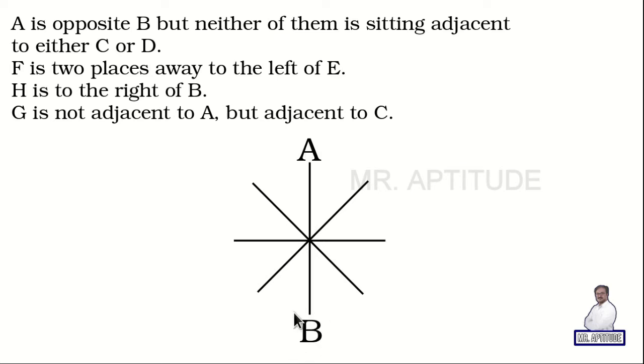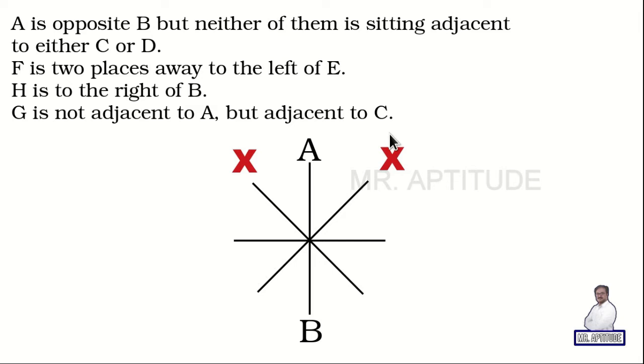In addition to this, you are given that neither of them is sitting adjacent to either C or D. Let me explain this one. So C and D should not sit next to A. So we cannot place C here and we cannot place C here. And same is the case with D. So C and D are not to be placed here and C and D are not to be placed here.